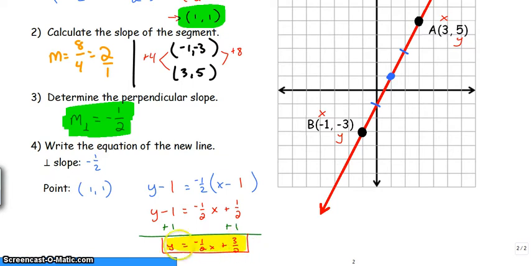And just to get a visual of that, I think it's easier not to graph from this because it'll be difficult to graph from a y-intercept of 3/2 or 1.5. We know this is a point that's on our line, and we know this is the slope. So I'll apply this slope from this point. I'm going to do this one in a different color.